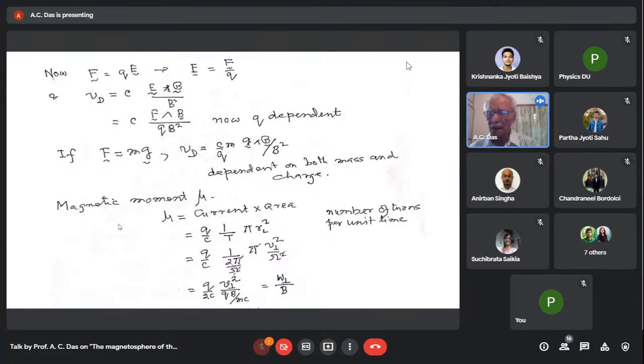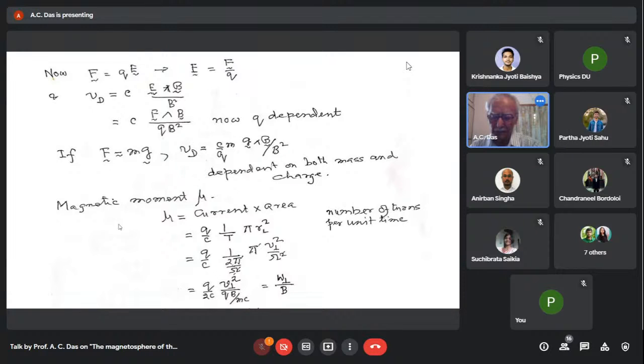You can write that down, and you get mu is equal to W perpendicular by B. Very important parameter as far as the magnetosphere is concerned. So we now know the expression for the magnetic moment. Magnetic moment is determined by the perpendicular energy divided by the magnetic field at any point. So that is the magnetic moment.